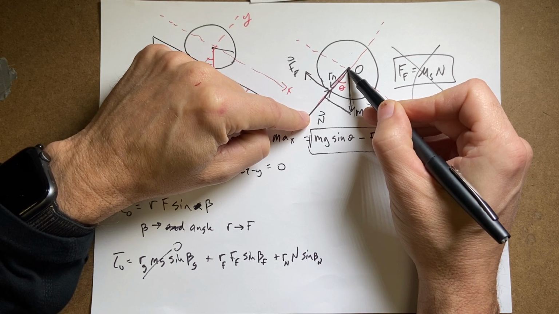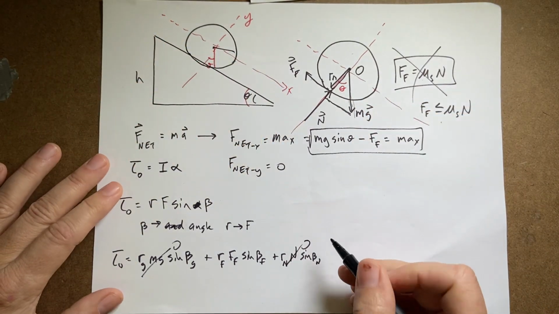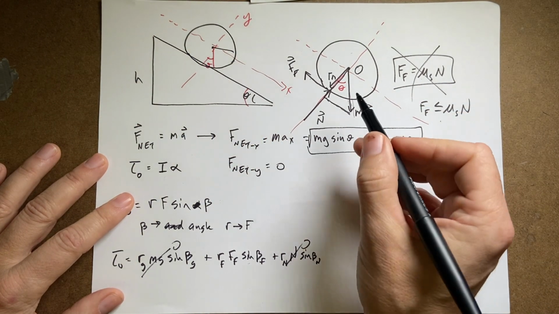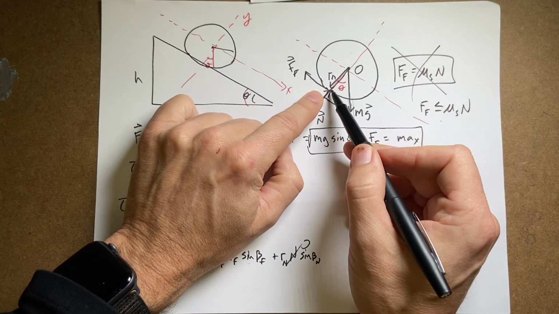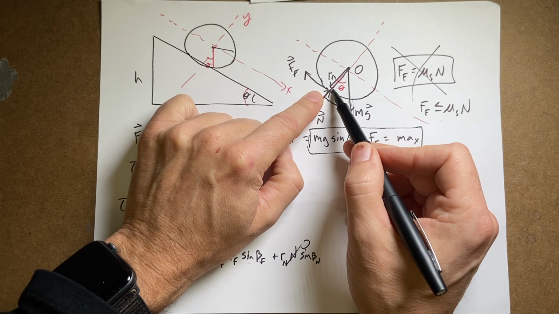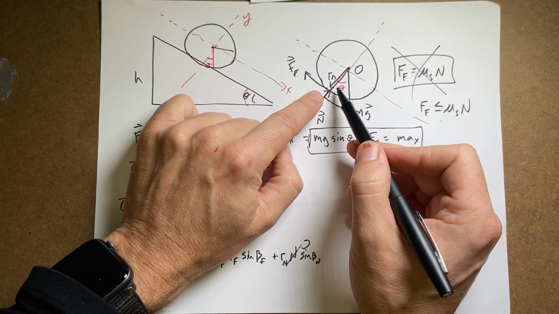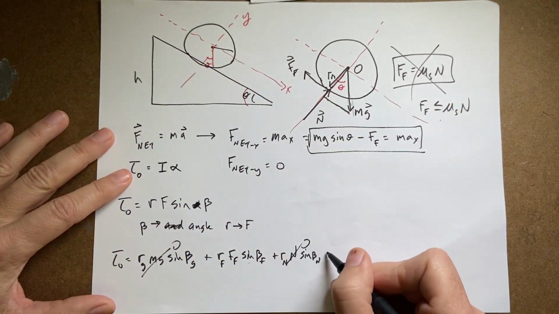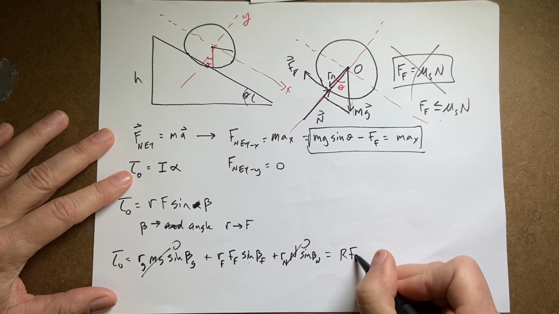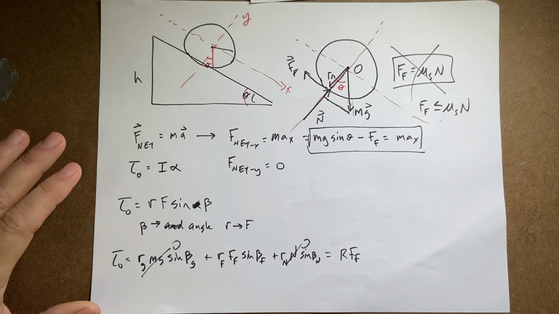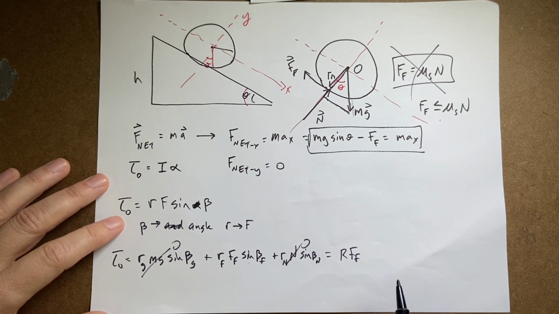And the sine of pi is 0. So this also has 0 torque. So the only thing I have left is this. And what's the angle between the friction force and the R_f? It's pi over 2. Sine of pi over 2 is 1. So the torque is equal to the radius of the circle times the frictional force. And that's the only torque on there.